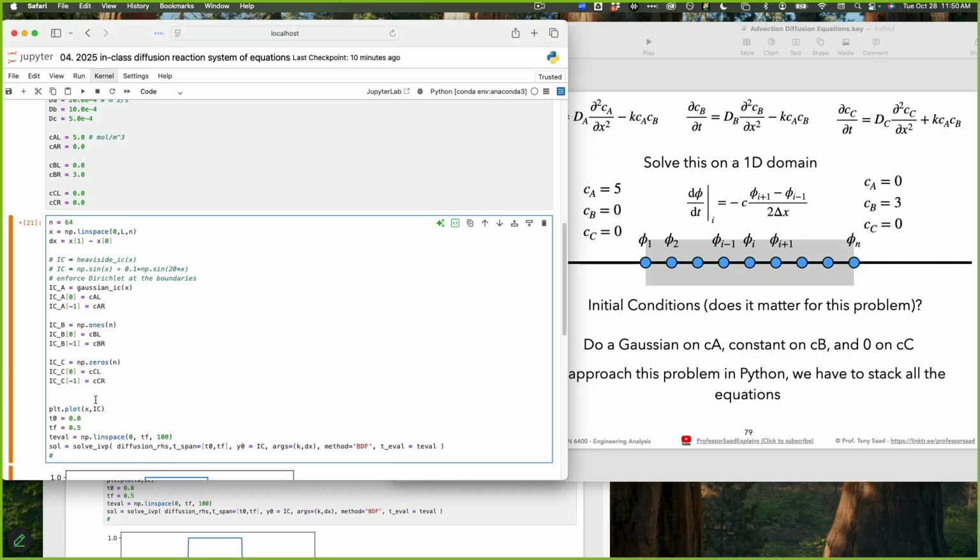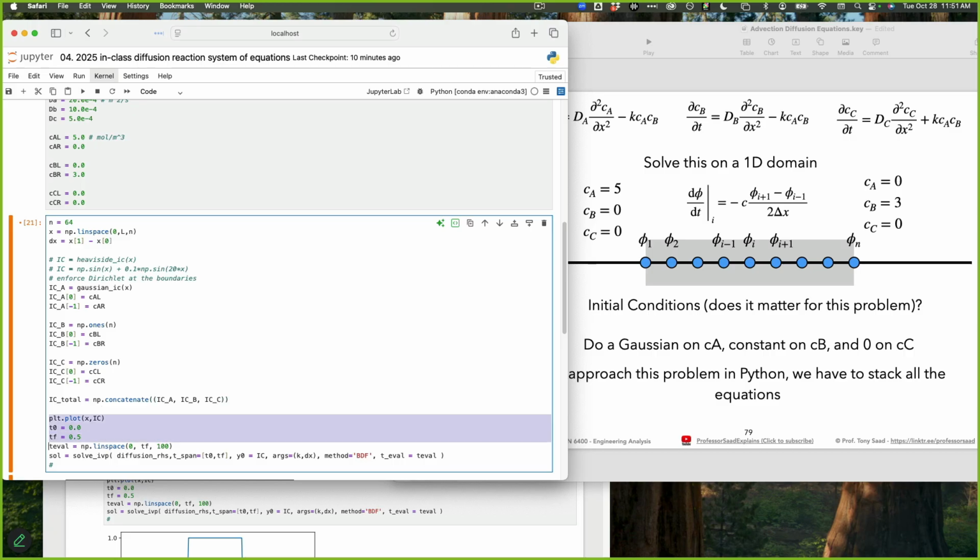Now I have three initial conditions. I also need to concatenate them because solve IVP takes one system of initial conditions. So my total initial condition will be IC total equal to numpy dot concatenate of ICA, ICB, and ICC.